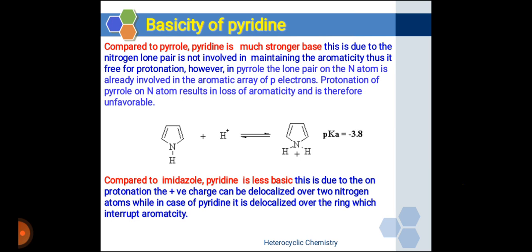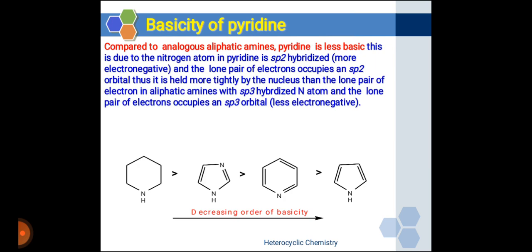This is because the nitrogen atom in pyridine is sp2 hybridized, so more electronegative, and the lone pair of electrons occupies an sp2 orbital.